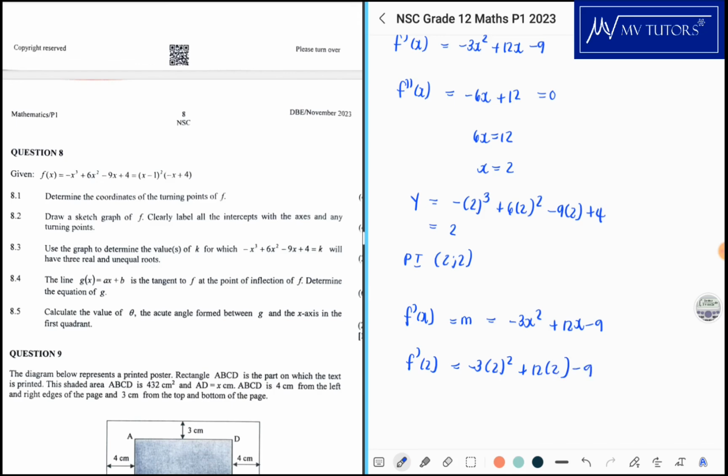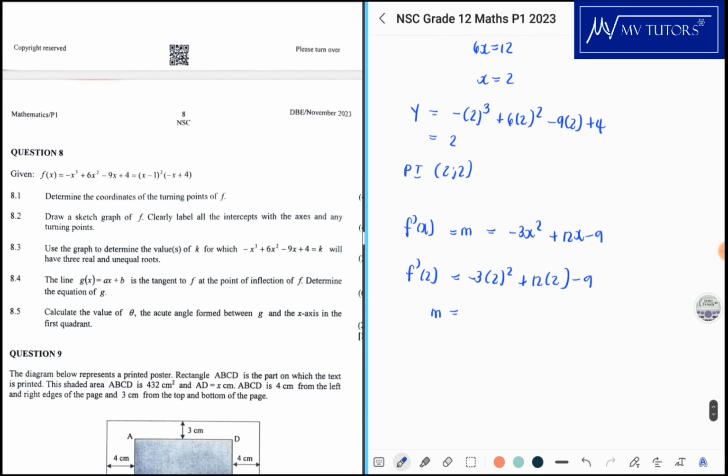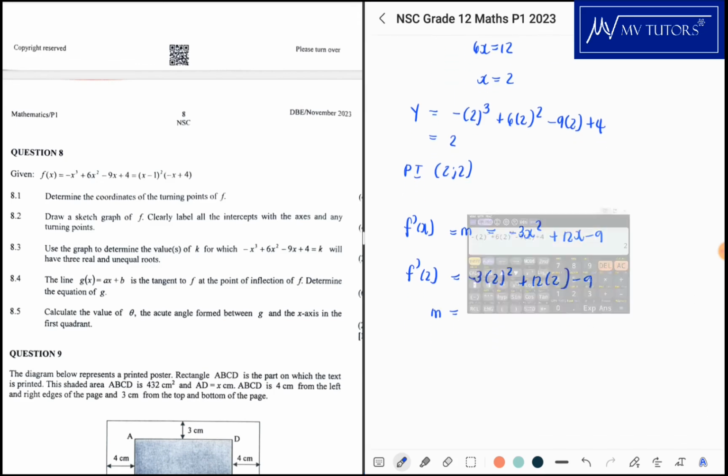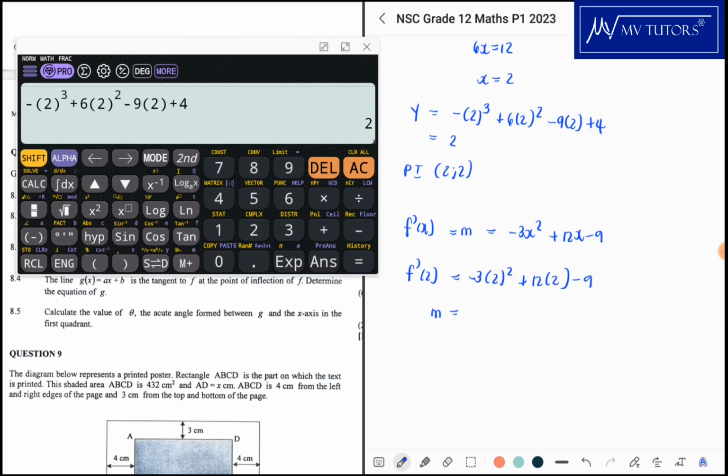And we can get what the gradient is, because like I said, in order to get the equation of a straight line, you need a point, you also need a gradient. So we have negative 3 times 2 squared, which is just 4, and then 12 times 2, which is 24, and minus 9. And so we get the gradient to be positive 3.